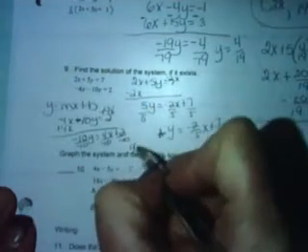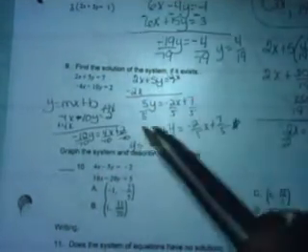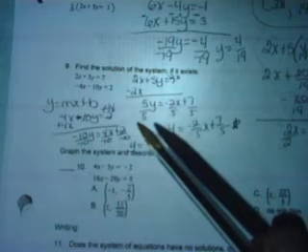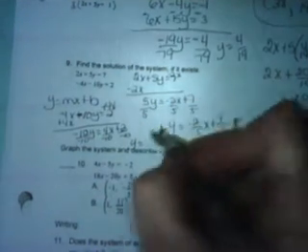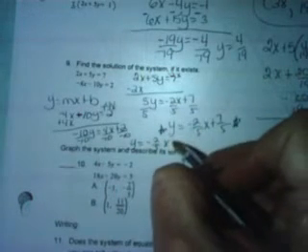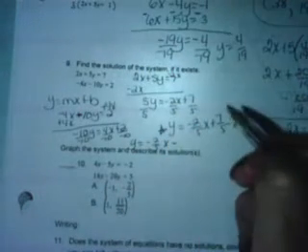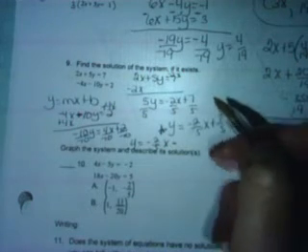So I'm going to have y equals, leave it as a fraction, make sure it's reduced. 4 divided by negative 10 is negative 2/5 x plus 1/5.